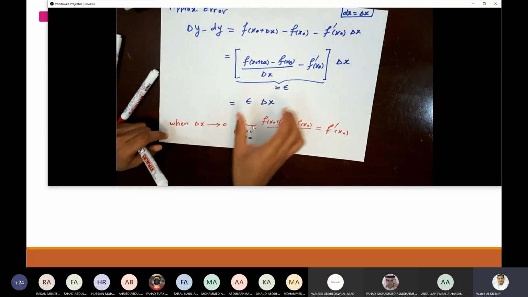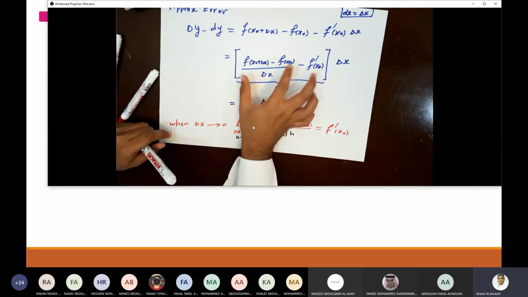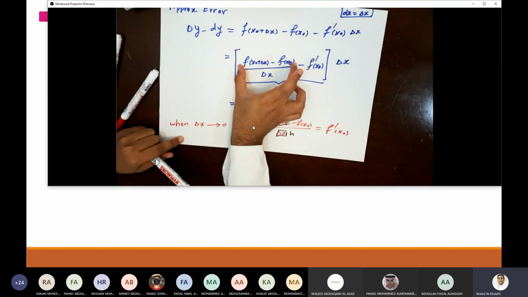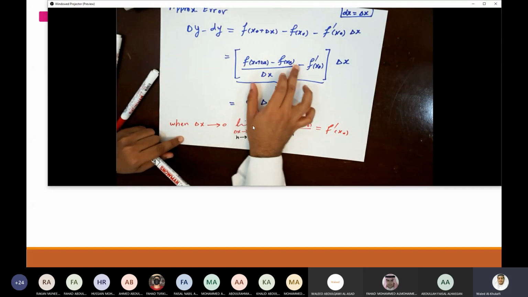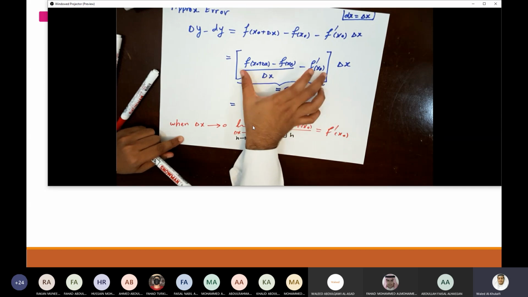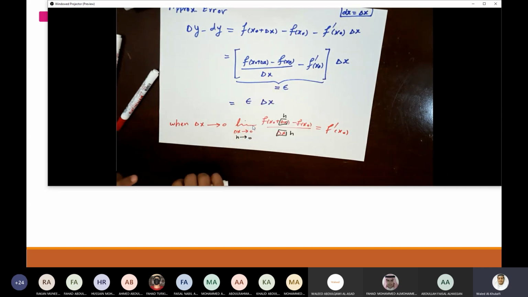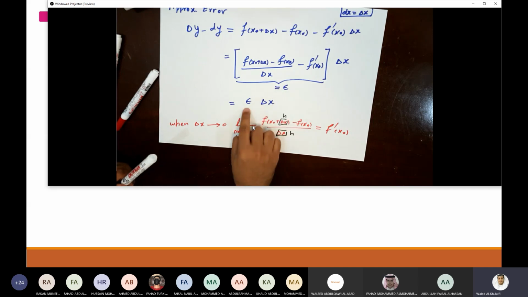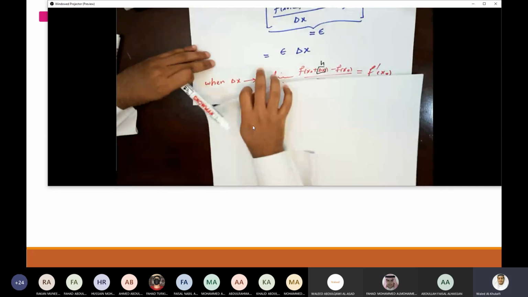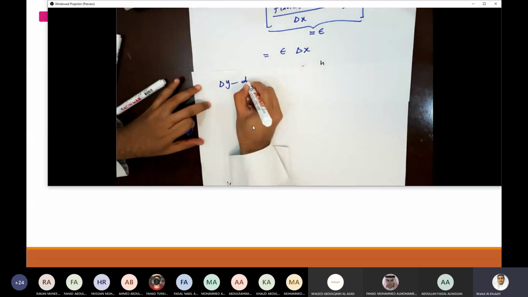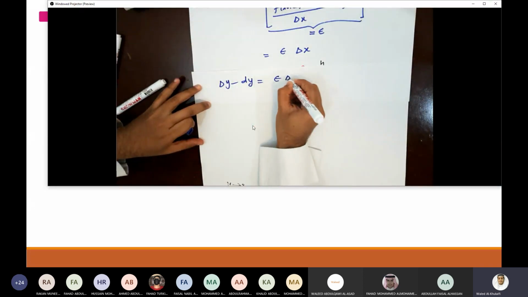Okay, why? Because this between the brackets, when delta x gets smaller and smaller, because the difference in x goes to 0, goes to the derivative of f at x naught, minus the same derivative at x naught. So the difference here gets smaller and smaller, and we just put it equal to epsilon. So we have epsilon delta x. Therefore, if you look at this equation, delta y minus dy is equal to epsilon delta x.